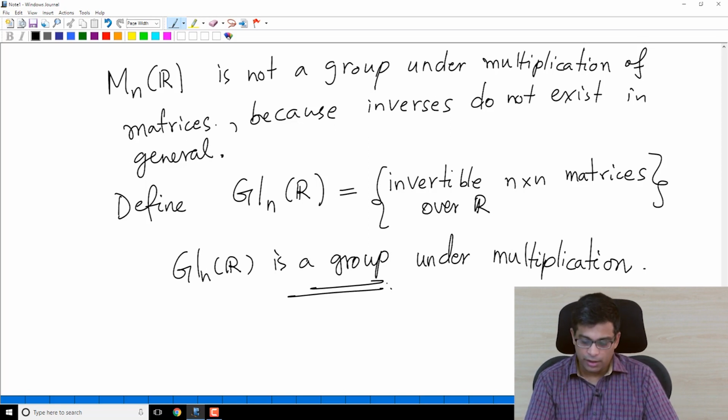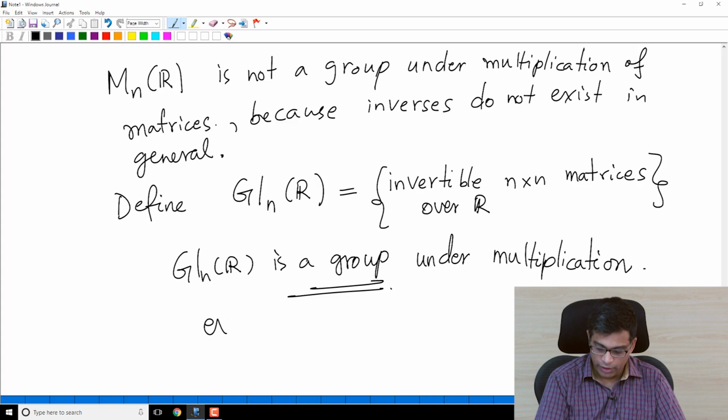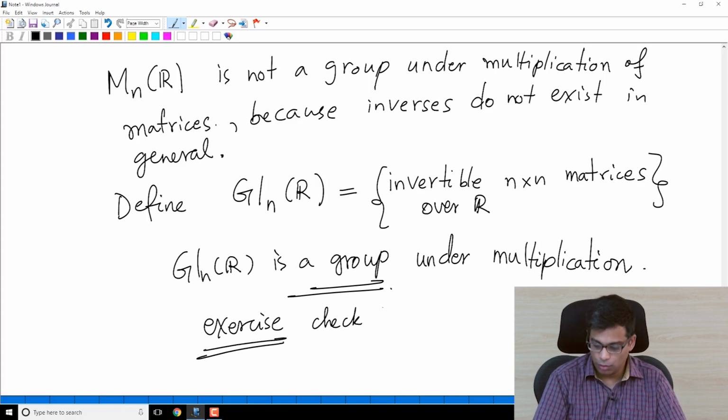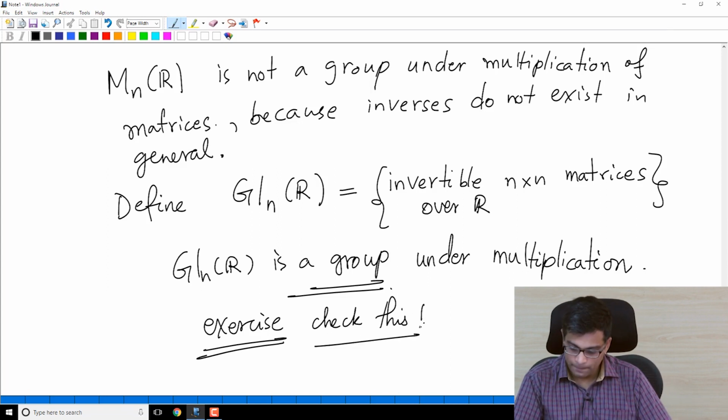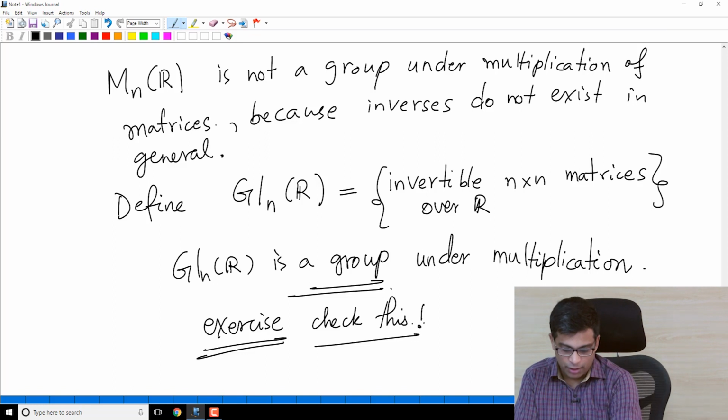Again this requires a small verification which I will leave for you to do. But I will just run through what you require to do. We need to check that multiplication is a binary operation. Certainly it is. If you multiply two invertible matrices, you do get another invertible matrix. Is there an identity element in this? Yes, there is, because the identity matrix is invertible.